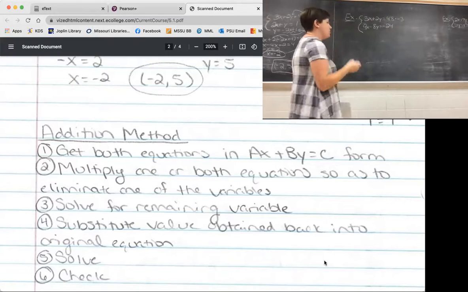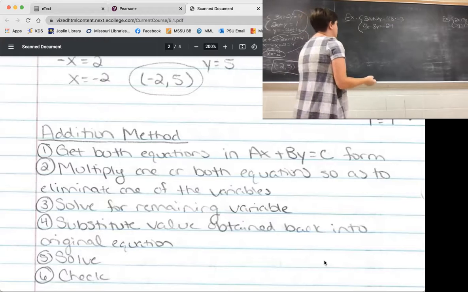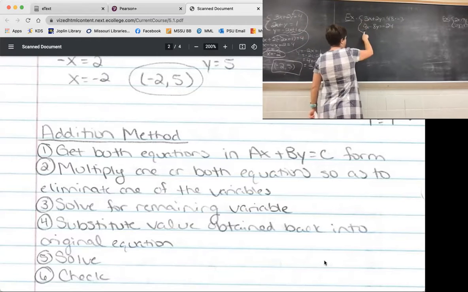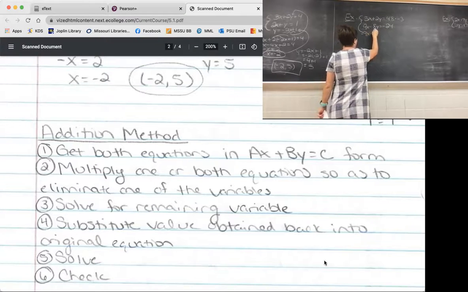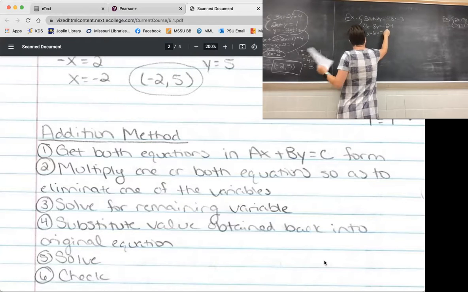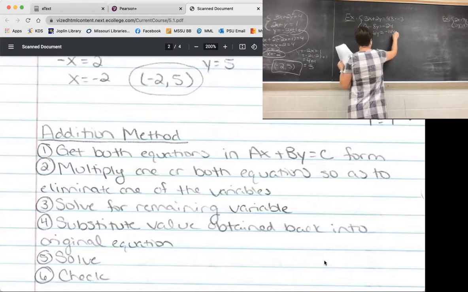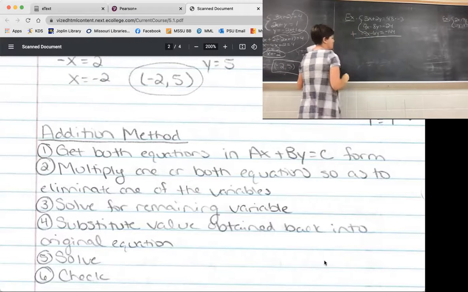That's what we're trying to do with the addition method. So I'm going to write underneath the second equation the top equation, but everything times -3. So that's minus 9x minus 6y equals negative 144. Then I'm going to draw a big line and a big addition symbol.